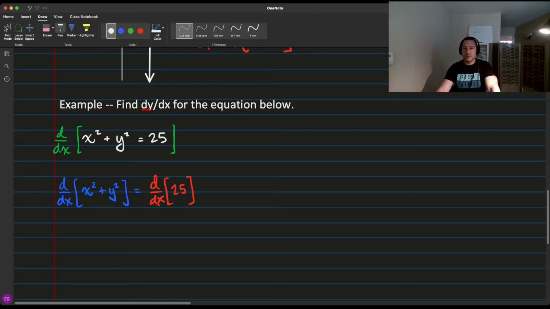What's the derivative of 25? You get 0, because it's the derivative of a constant. Now on the left, you can split it up into two terms. You can take the derivative with respect to x of x squared, and then you can add, because of the sum rule, the derivative with respect to x of y squared.